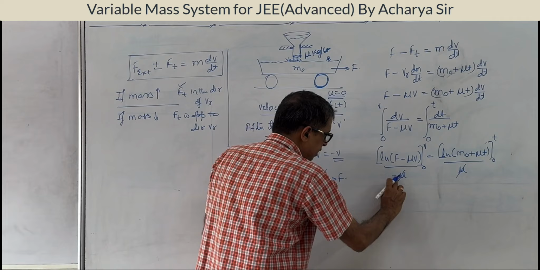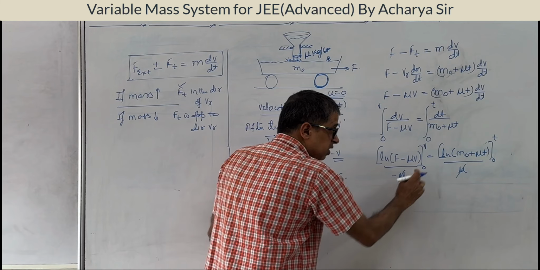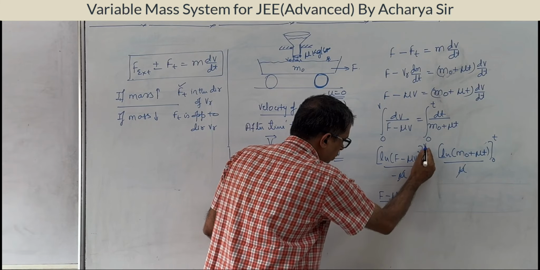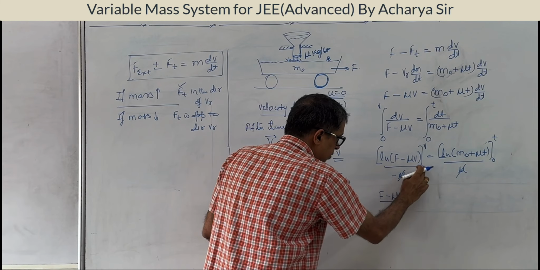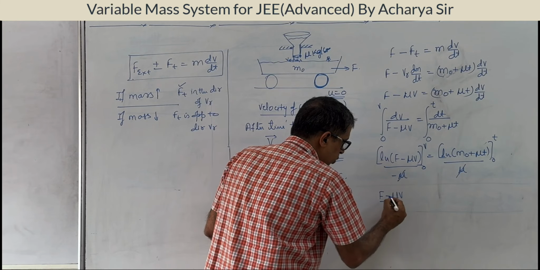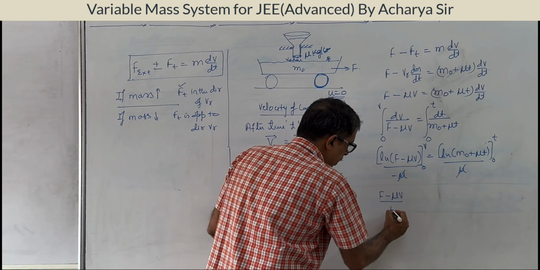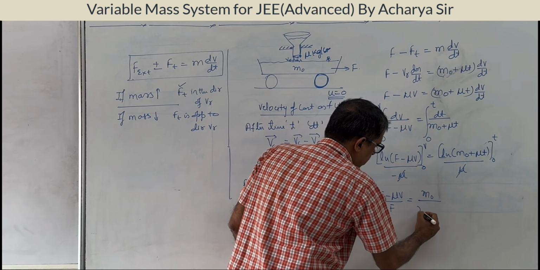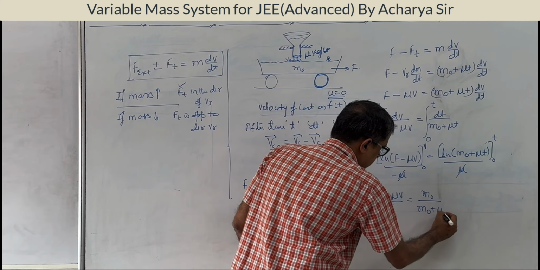These both will get cancelled. Take the negative sign here. It will become f minus mu v upon f, substituting the limits of v and 0, is equal to m naught by m naught plus mu t.